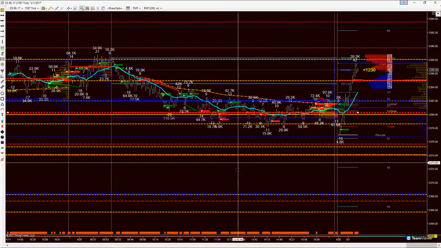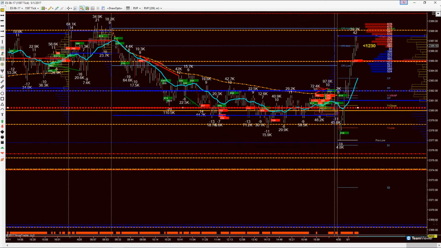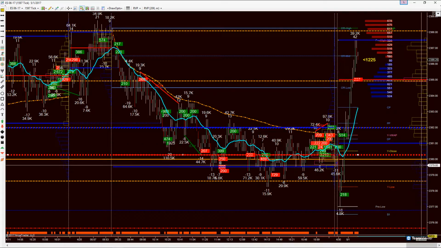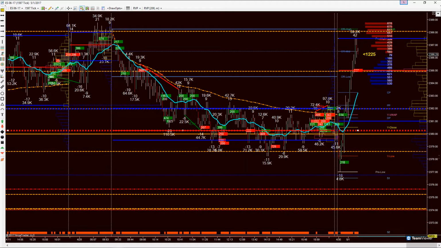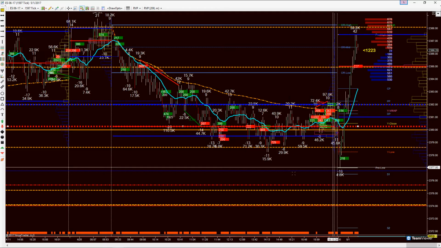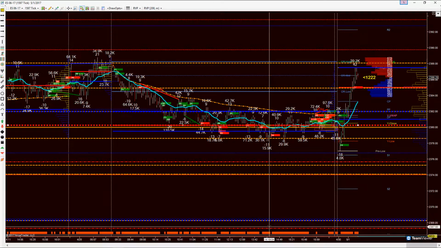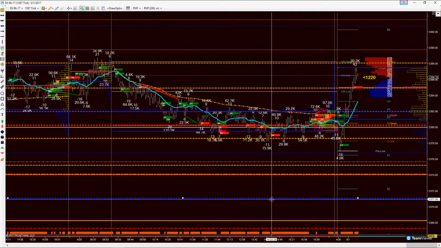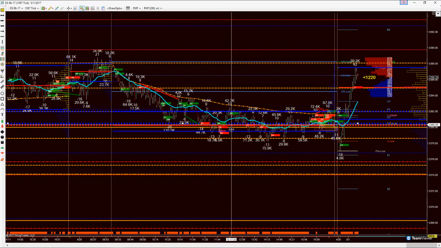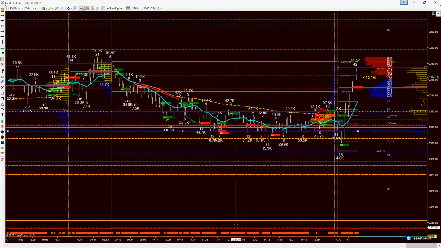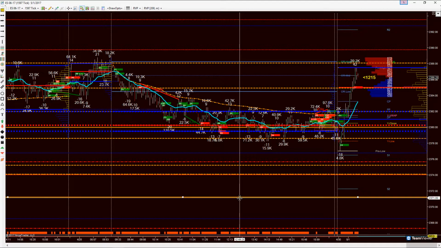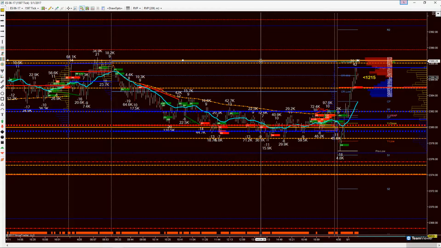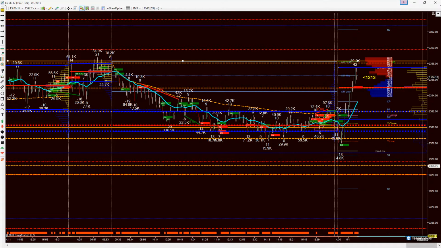A lot of these levels seem to be overlapping here, so it's getting a little difficult to see them on my chart. It'll be easier when I zoom in a little, but just for this minute, it's a little tough.